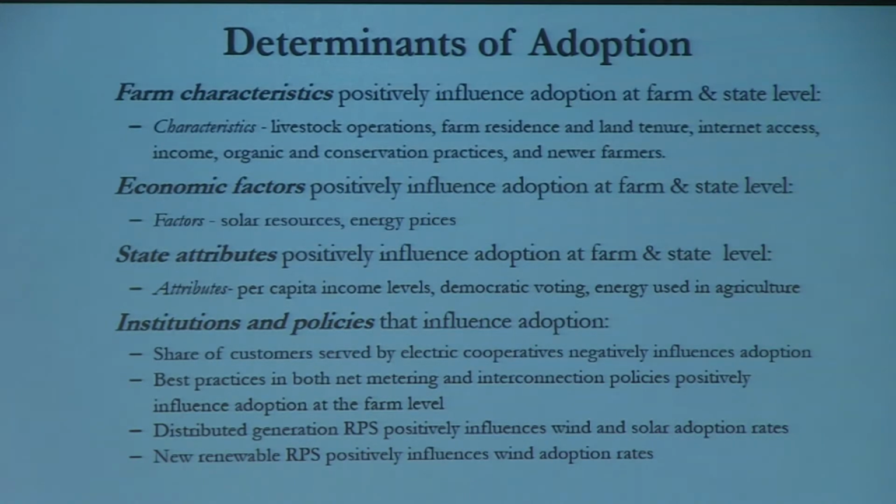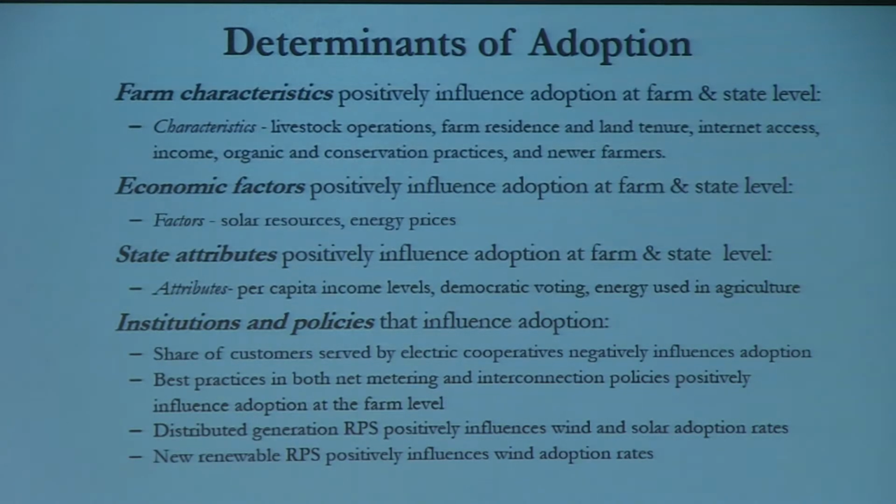And in terms of farm characteristics, we see a positive influence at the farm and at the state level, depending on the type of operation. For example, livestock operations have a positive impact. In terms of farm residents and land tenure, in terms of access to internet, and in terms of organic and conservation practices, income variables, and being newer farmers.